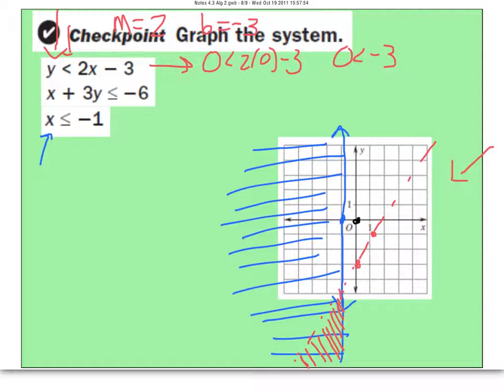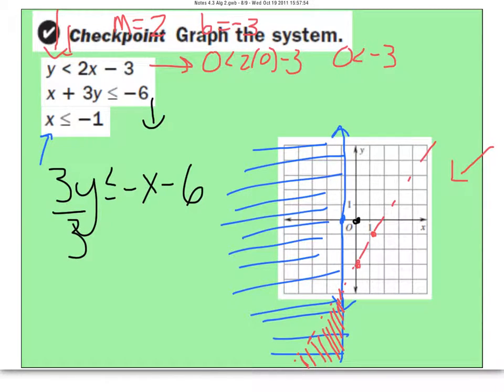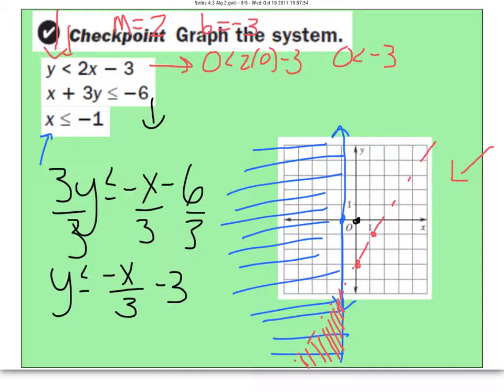Okay, let's wrap it up with this last guy here. I need to get y by itself, so I'm going to subtract the x. Then divide by 3. So y is less than or equal to negative x over 3 minus 3. Now to read this, there's really just a 1 sitting there in front of the x.